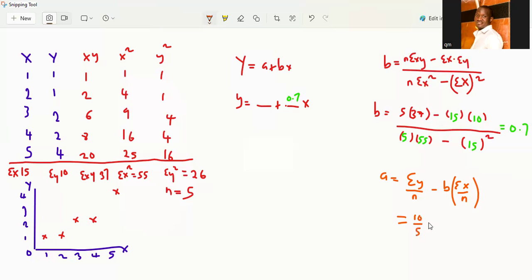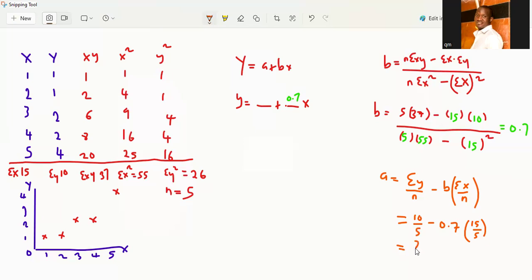Then what is the b? We just found the 0.7. What is summation of x? 15 over our n is what? 5. Okay, good.